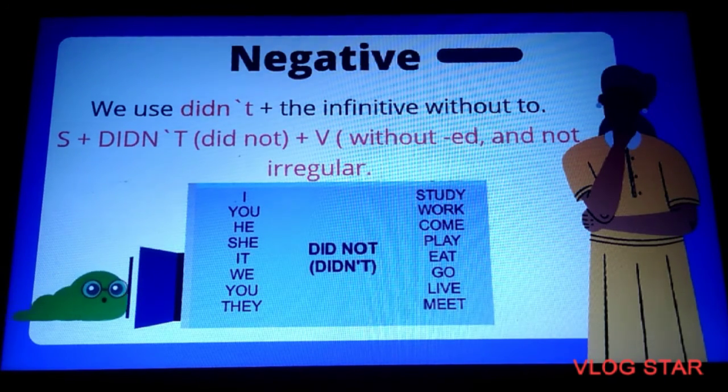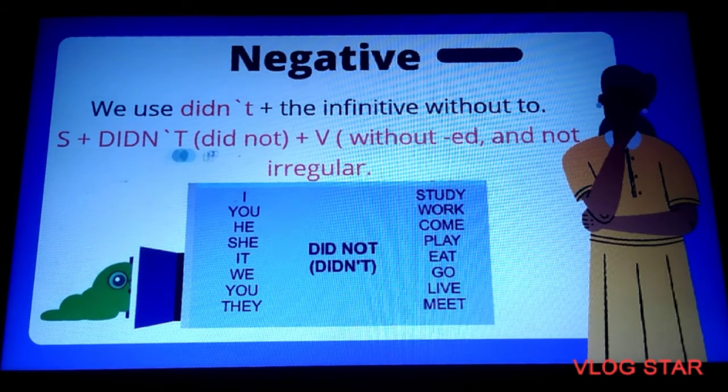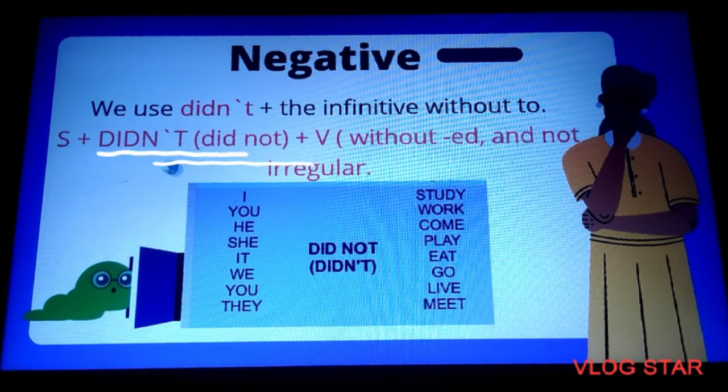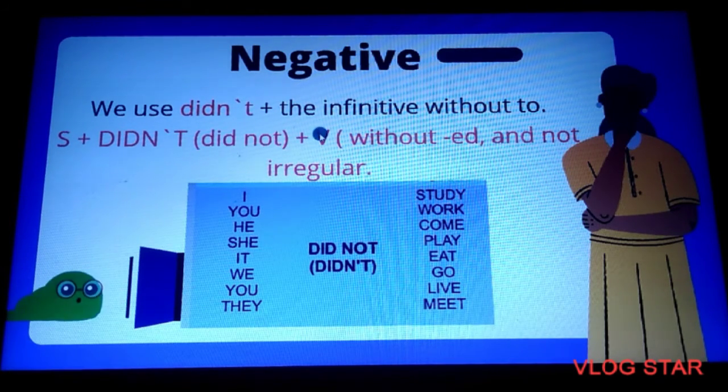And why are we doing it like that? Because didn't is a really strong word, and if you see it in the sentence, it means that it is the strongest word here, the main word. Let's imagine the situation. Didn't is a person, and he's saying to the girl, "Oh my God, I'm so strong here.